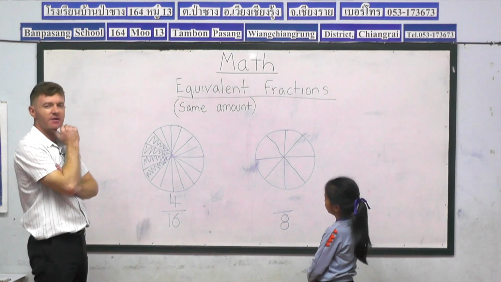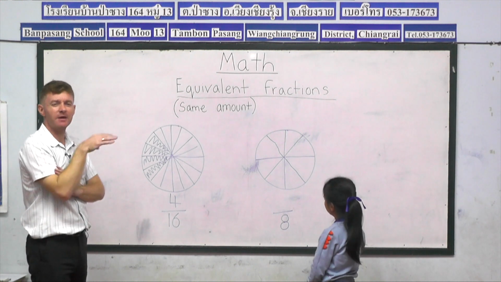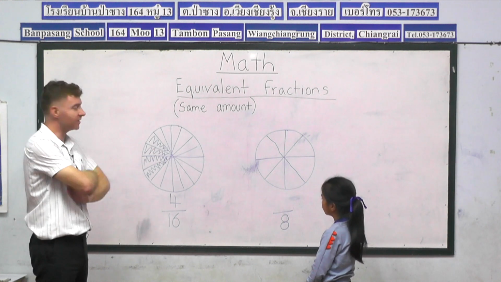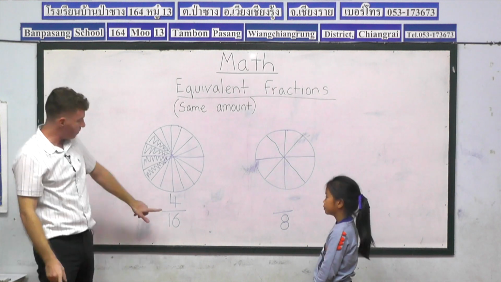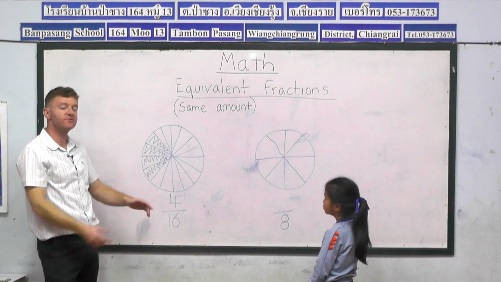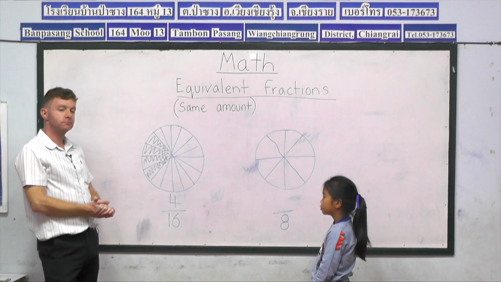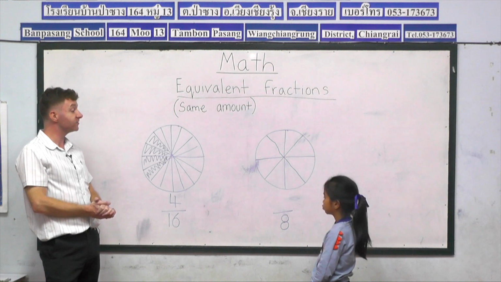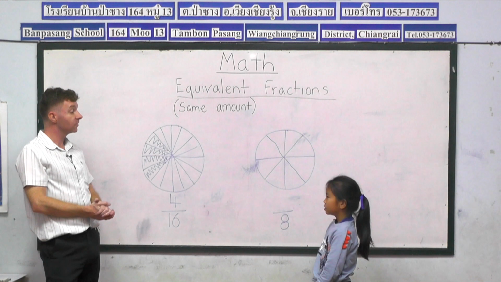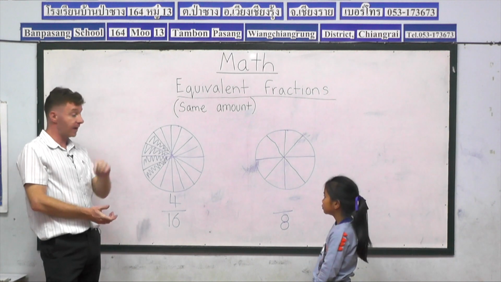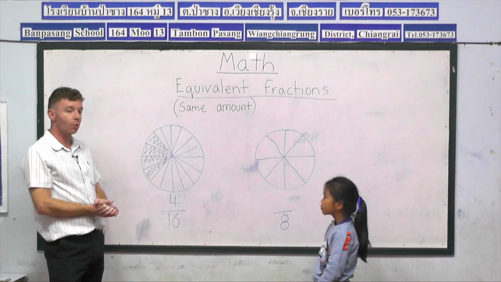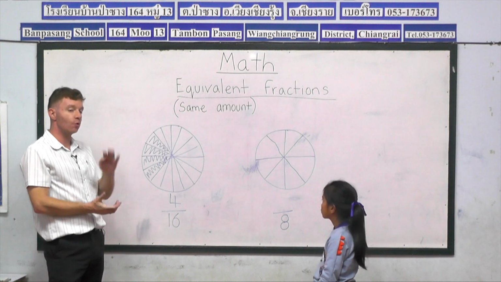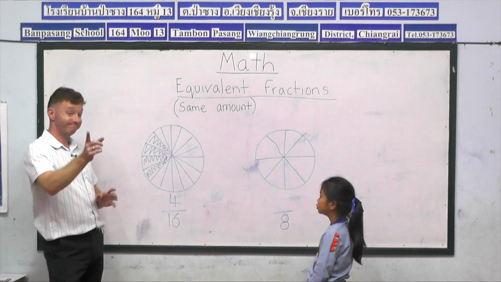In Prel's fraction, how many parts need to be in blue if we're going to have the equivalent amount? Let's think about it. How many times does 4 go into 16? 4 will go into 16 how many times? 4. Okay. We need to find the number. What number will go into 8 4 times? 2.